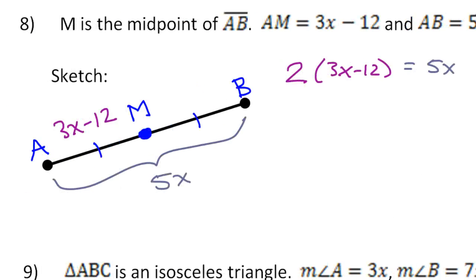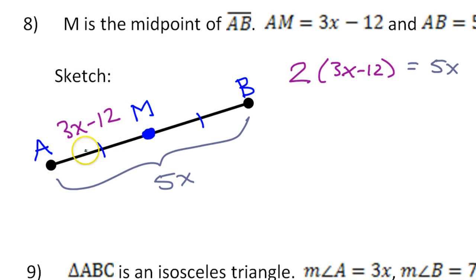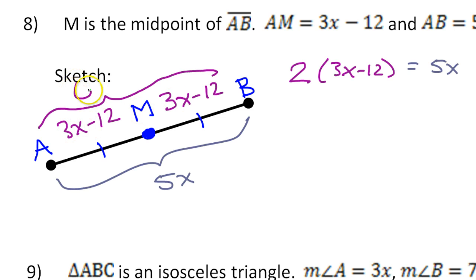Another way you could think of it is if the left side is 3x minus 12, then this will also be 3x minus 12 since these are congruent. And together, if you add these up, combining like terms, we have 3x plus 3x, that's 6x. Negative 12 and negative 12 make negative 24.